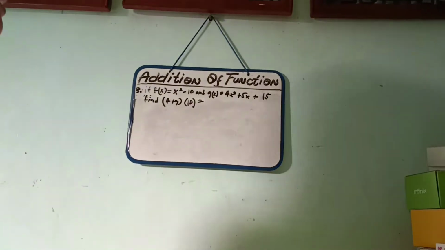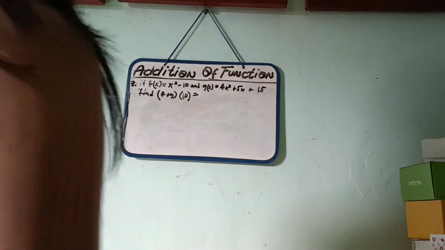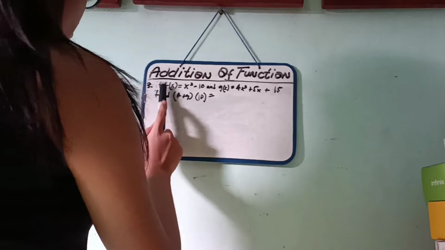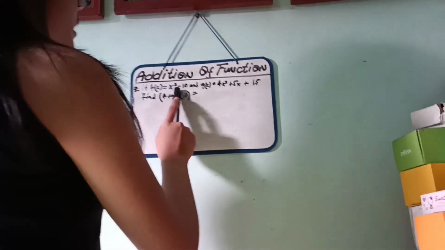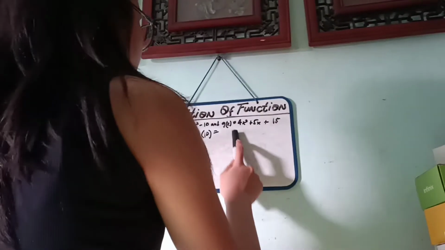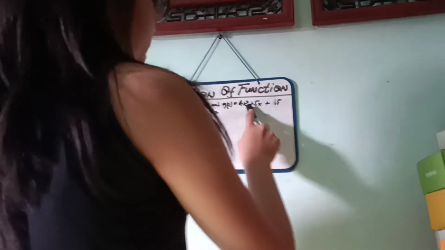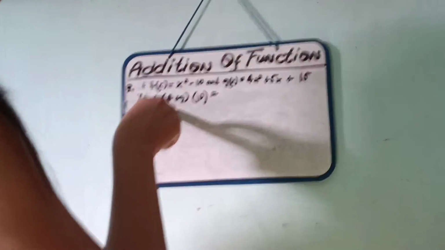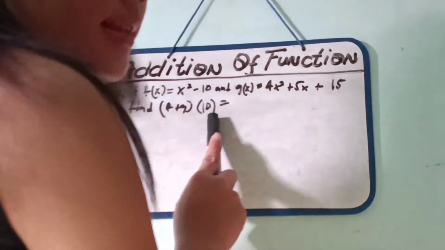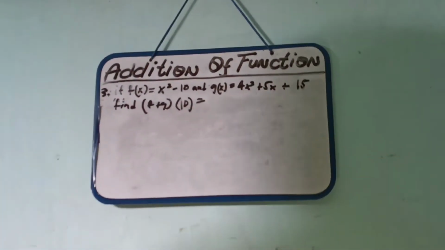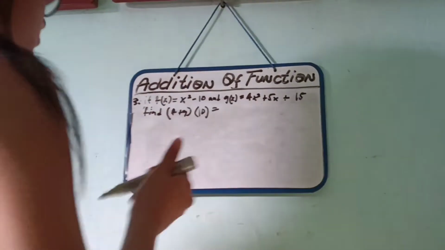Our last question is if f of x is equal to x squared minus 10 and g of x is equal to 4x squared plus 5x plus 15, find f plus g of 10. So first, let's focus on f and g.